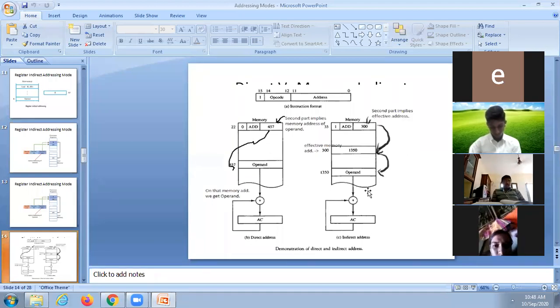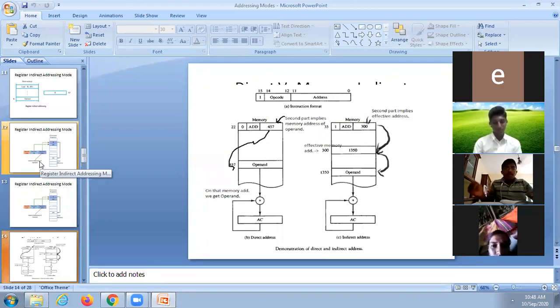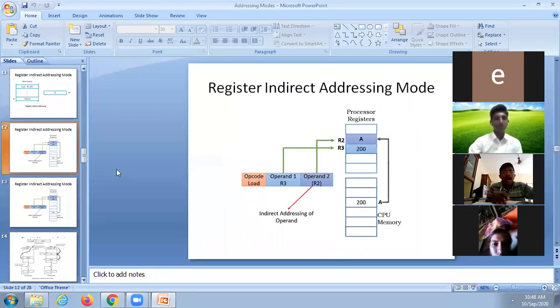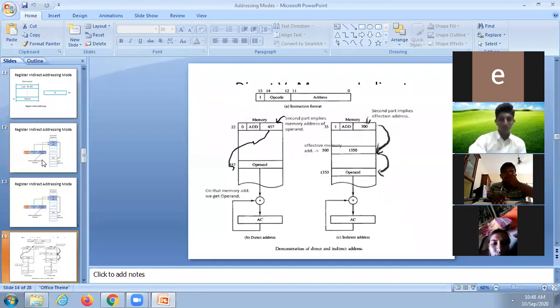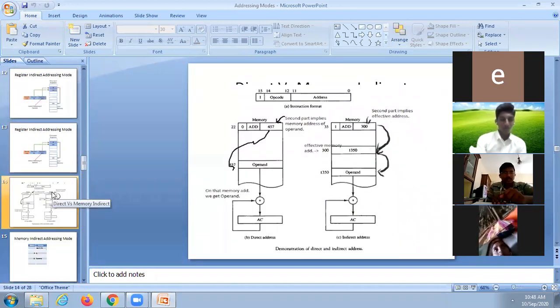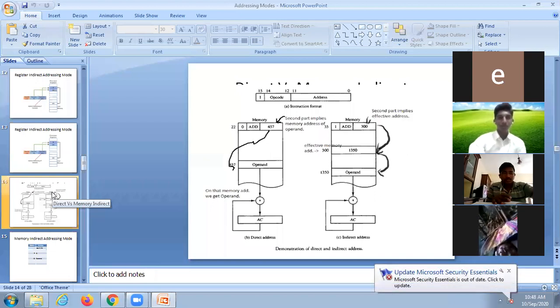Already I have explained register indirect here. I think from this step up to indirect addressing mode instructions, you are comfortable.